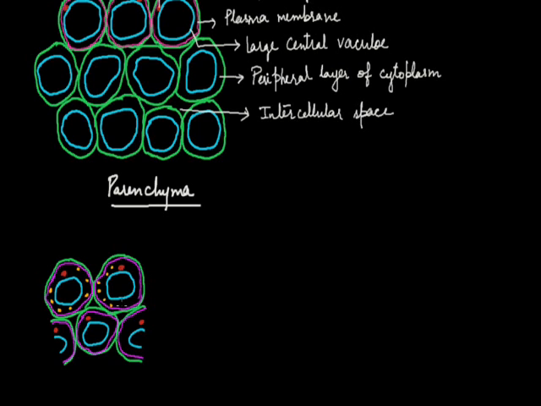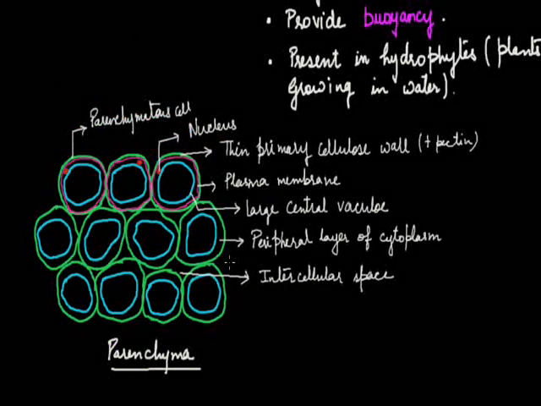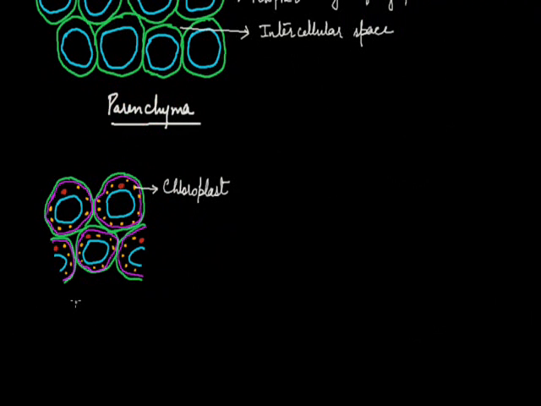So the difference between a normal parenchymatous cell and a chlorenchymatous cell is that they contain chloroplast. The remaining labeling is the same except for one thing, that they contain chloroplast. So this is chlorenchyma.